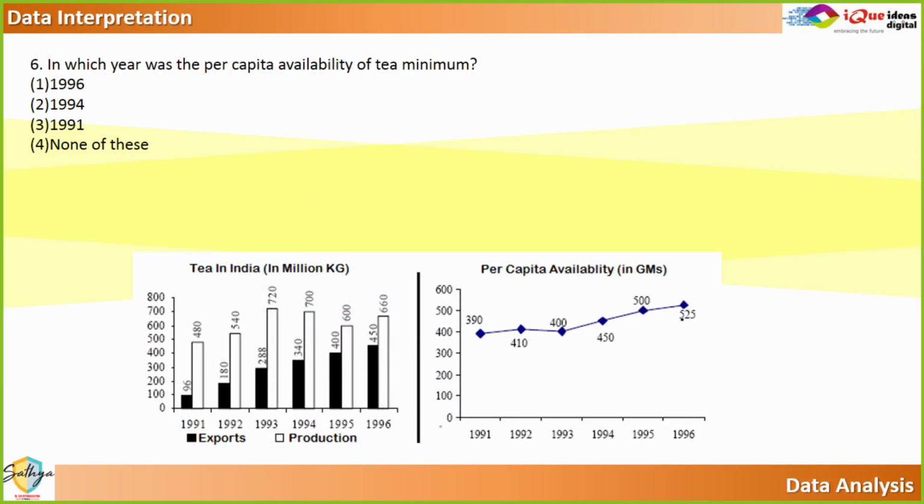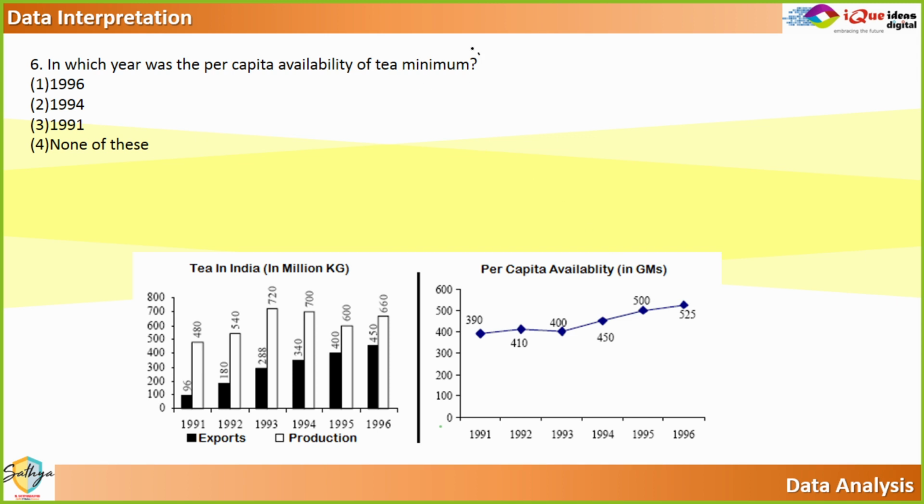In which year was the per capita availability of tea minimum? There's absolutely no confusion except you have to go by the options carefully.